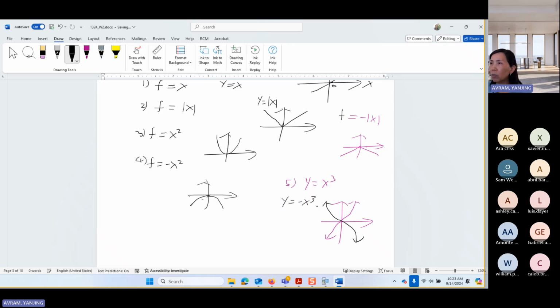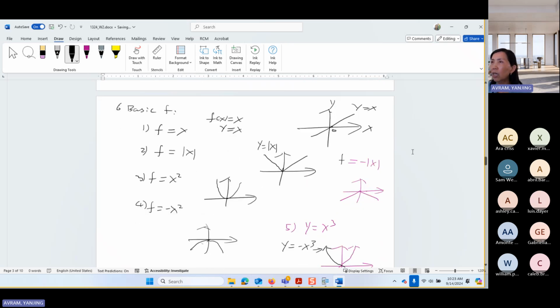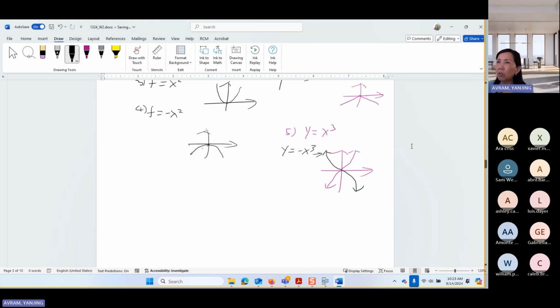So this will be y equal to negative x cubed. Those are the basic functions in this situation, right? And then you also have y equal to square root of x. Okay, y equal to square root of x will be something like that. All right, so those are the basic functions.